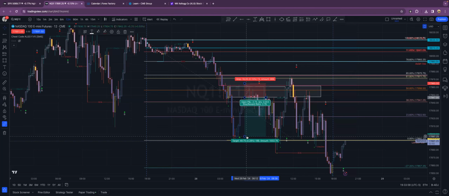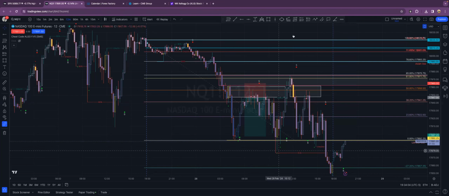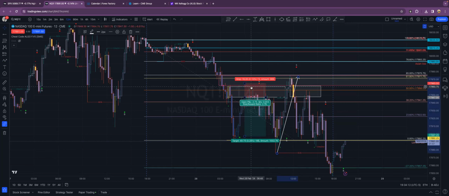Okay? Early. If not, see these wicks? Those are people who say, oh man, we got it. And then they do this to you. They run, they hit your stop loss because they know people who took this trade are greedy. Their stop loss was still here, right?